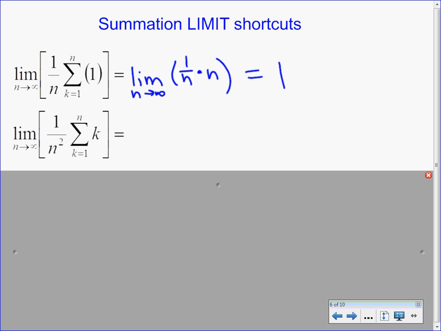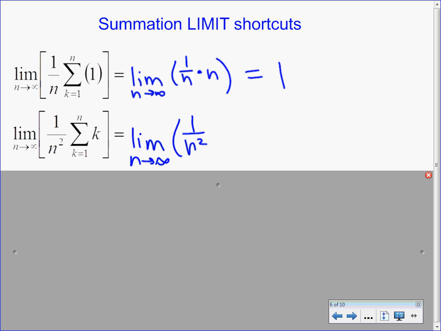Okay, so we need to rewrite the summation from 1 to n of k. How do we write that?